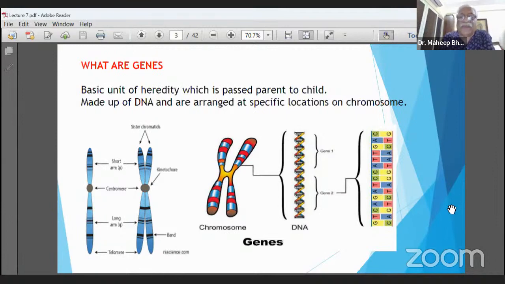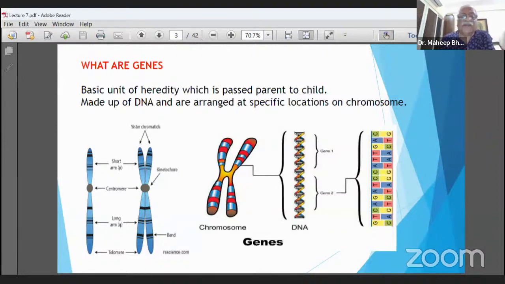And if we see the structure of a DNA, as I explained, it is made up of 4 nitrogenous bases called TGAC. T is for thymine, G for guanine, A for adenine, and C for cytosine. The entire DNA strand, the one strand and the other which is coiling on the first one, both are made up of these 4 nucleotides, and they are always repeated right from the first end to the last end of this DNA strand. Okay.